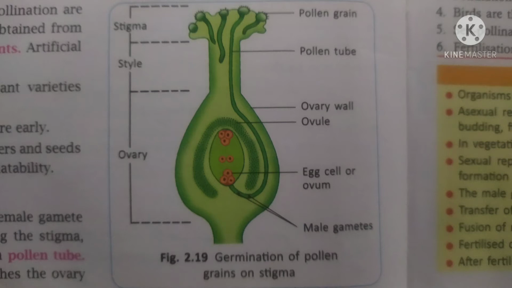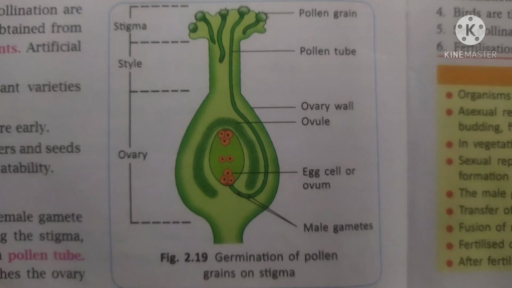So here you will notice the germination of pollen grain on the stigma. First of all, this pollen grain interacts with the stigma of the carpel, and it ruptures and forms a pollen tube. This pollen tube enters the style, and from the style it reaches the ovary, and in the ovary it further reaches the embryo sac.